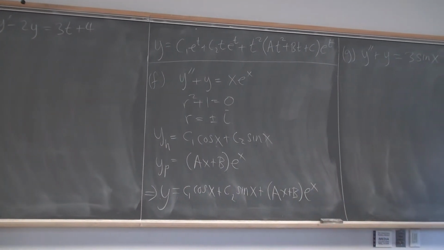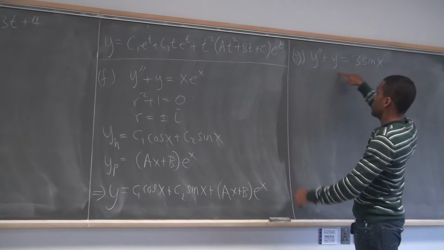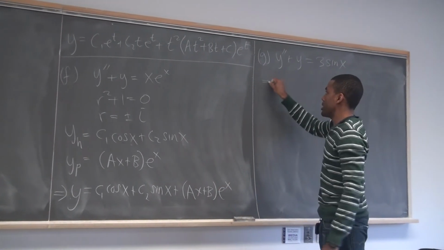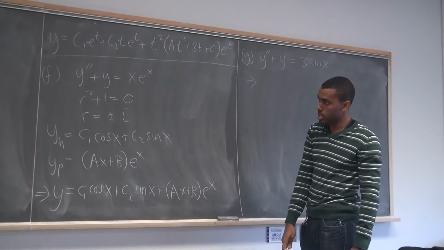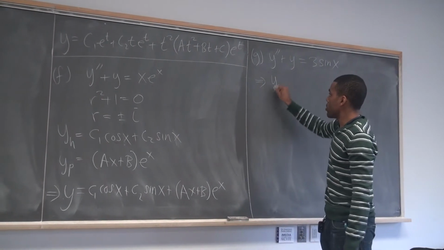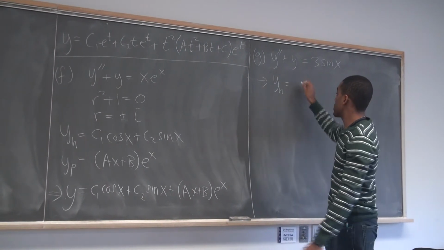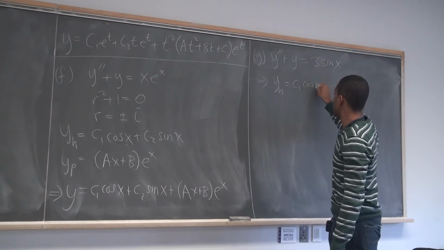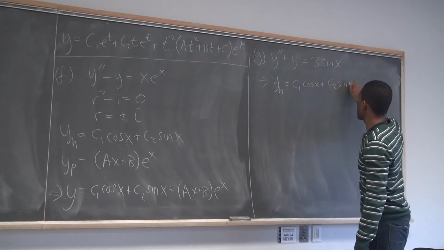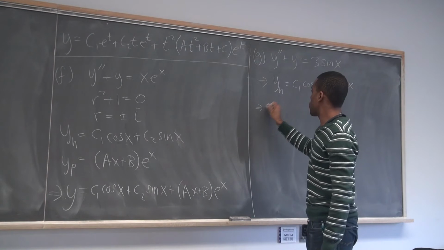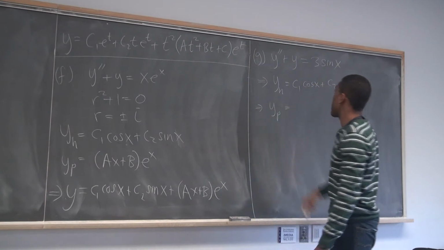Okay, this one. Again, same left side as the last one. I did that intentionally just for you to see how things can be different. So here, we already know what YH is. We solved for it: C1 cosine x plus C2 sine x. Now, what does the YP look like?